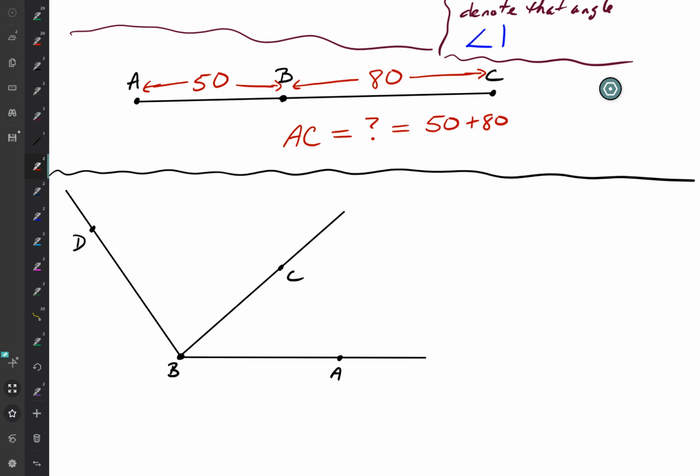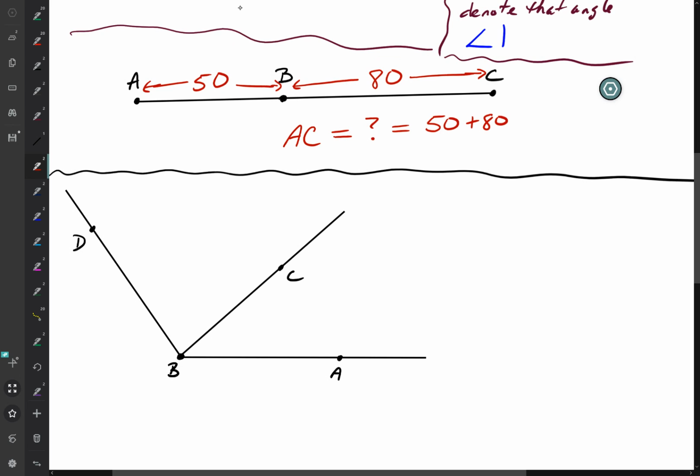Now, what if this angle was 50 degrees and this angle was 80 degrees? First of all, I do need to talk about this. What I'm saying is the measure, see, I put that little M in the front? That means measure. Another little abbreviation, lazy way.